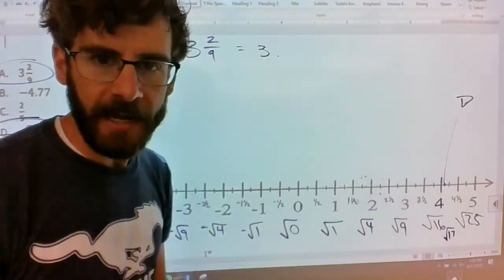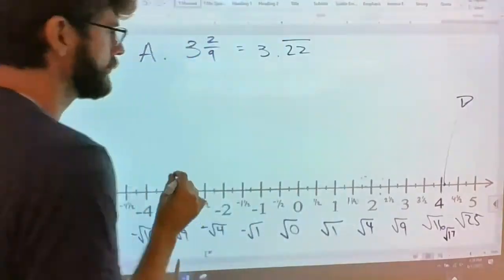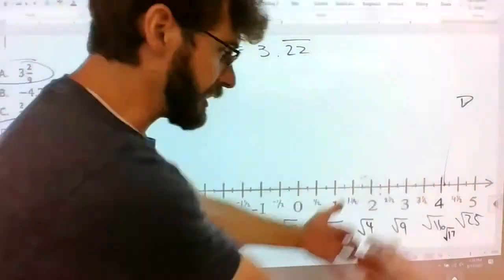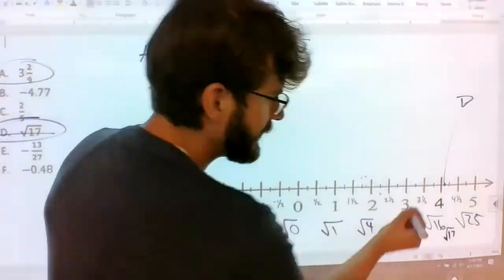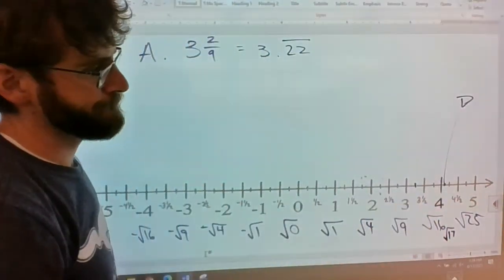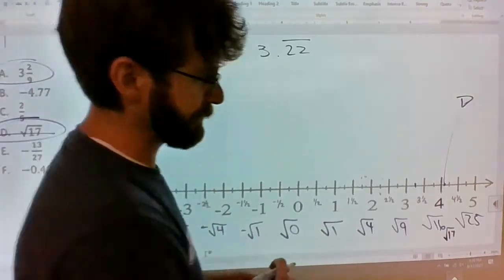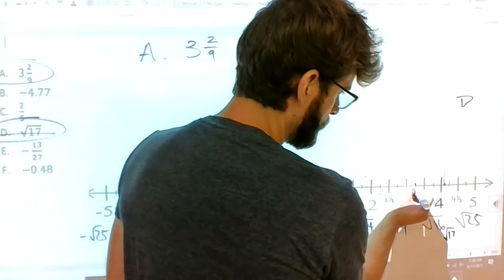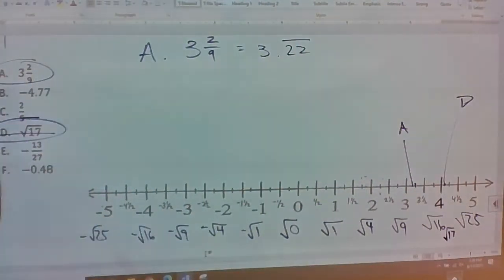Anything divided by 9 is that number repeating. Additionally, you need to understand that 3.25 is the quarter mark between 3 and 3.5. So where would 3.22 be? Just to the left of 3.25. So that's where this one would be.